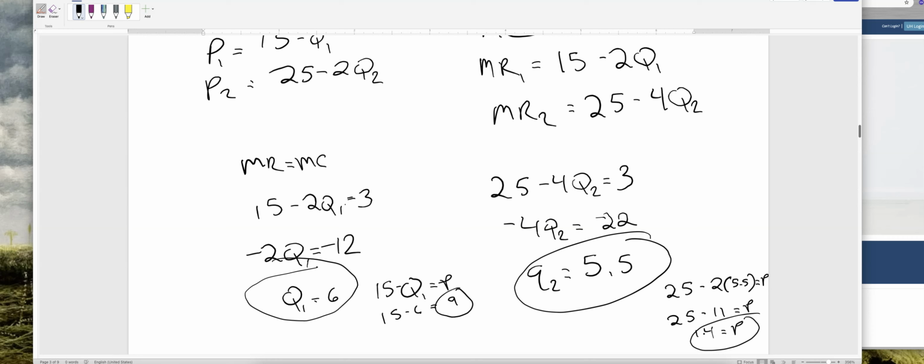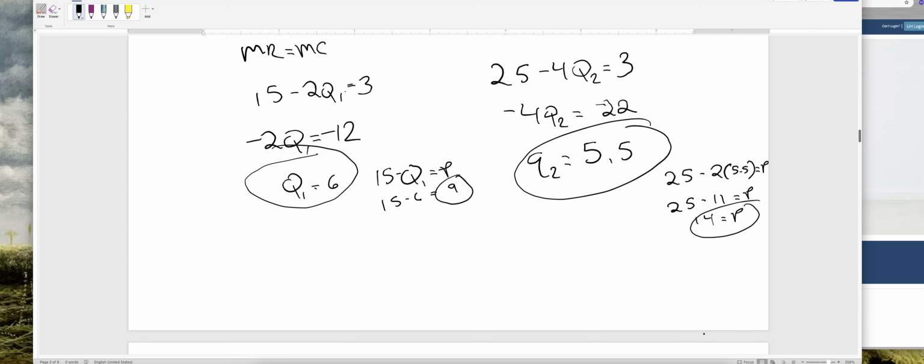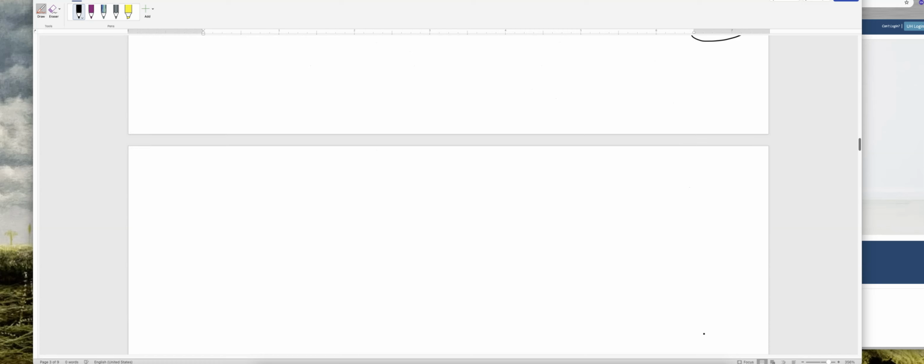I know for certain I'm not going to have you solving that on the exam. So don't worry about it. But let's go over very quickly how to solve the total revenue, the total costs, and the profit.